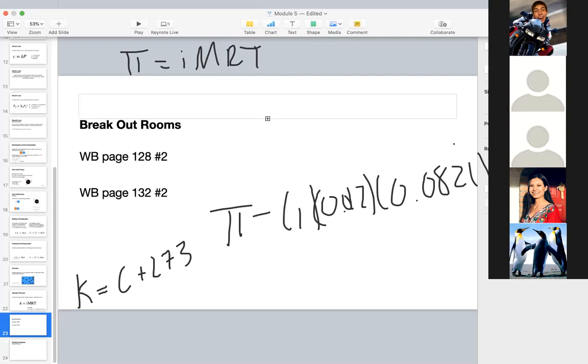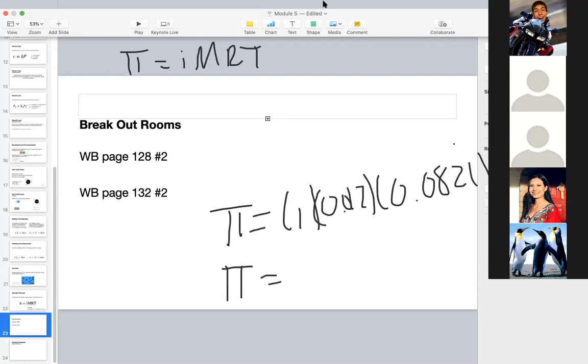So what'd you guys get for your osmotic pressure? It is 0.33.